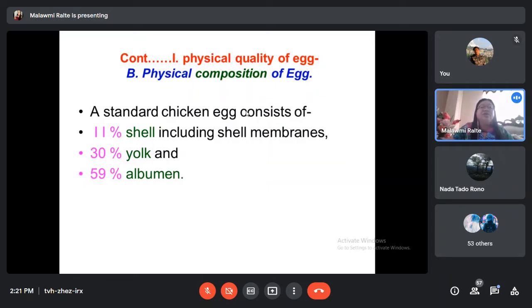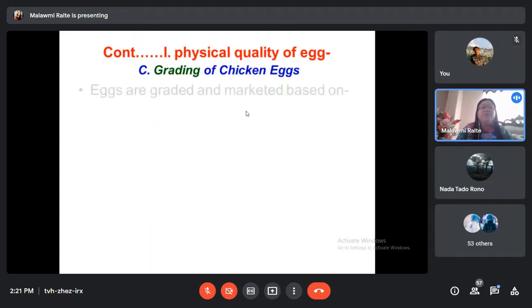The shell, including the shell membrane, comprises 11% of the chicken egg, the yolk comprises 30%, and the albumin comprises 59%. This percentage is normally for a normal egg. So mark all these things. Shell, including shell membrane, is 11%, yolk is 30%, and 59% is the albumin.